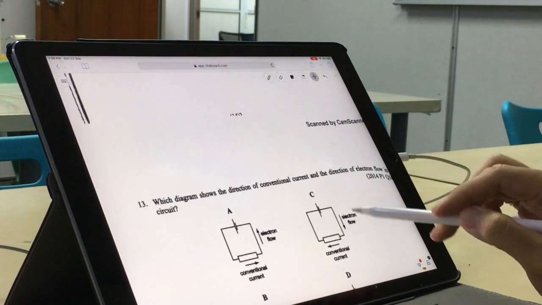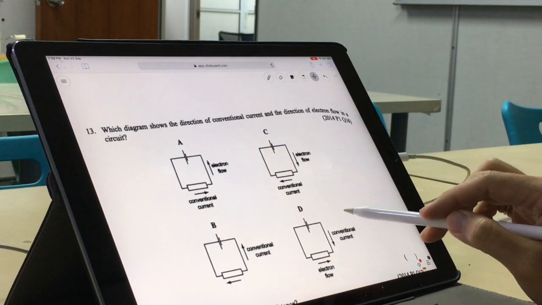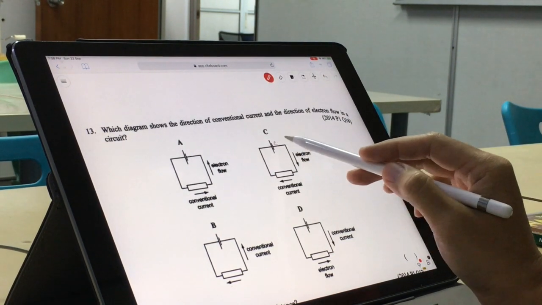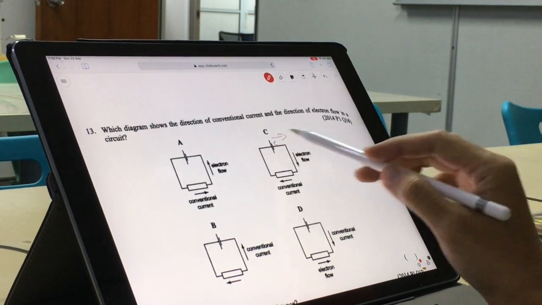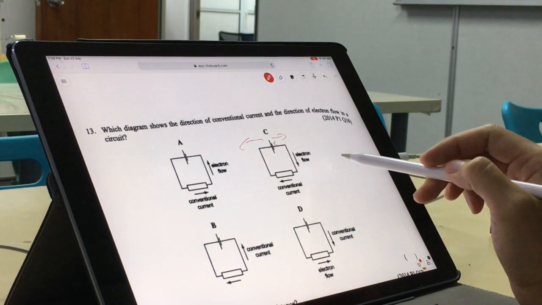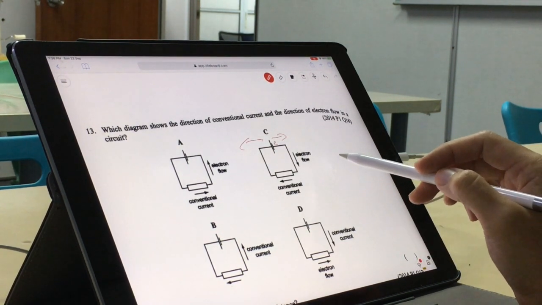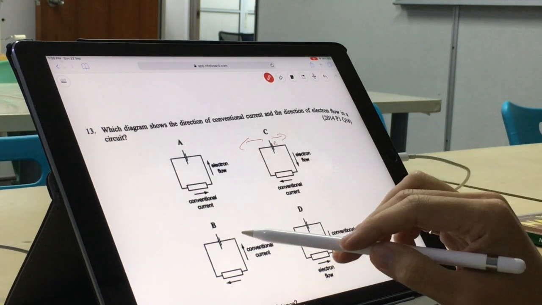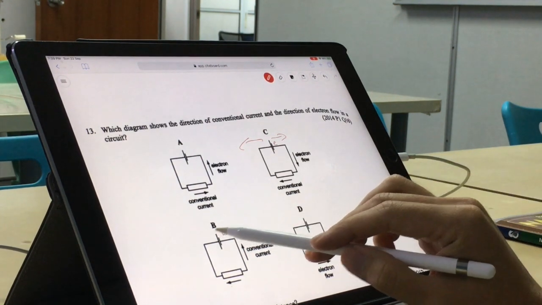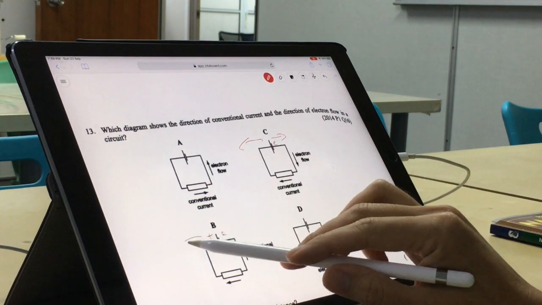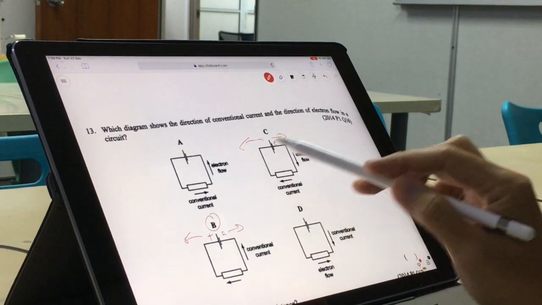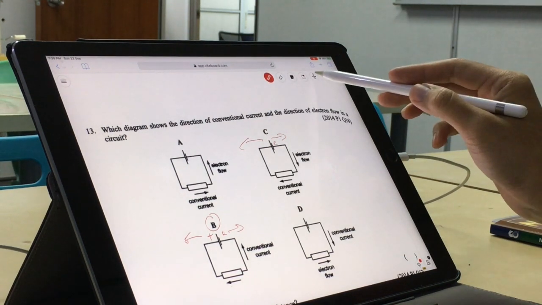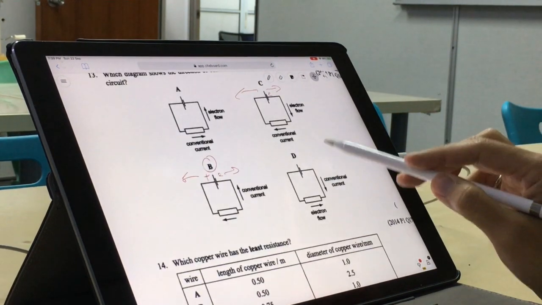Next one. Okay, same thing. Which one is minus? Minus is here. So electron flow here. Conventional current here. That means the answer is B. Do you know why?